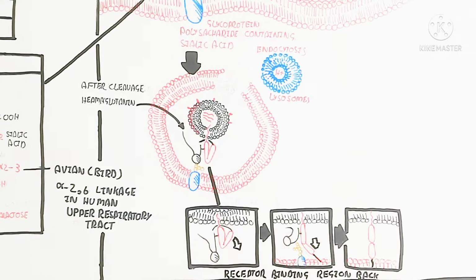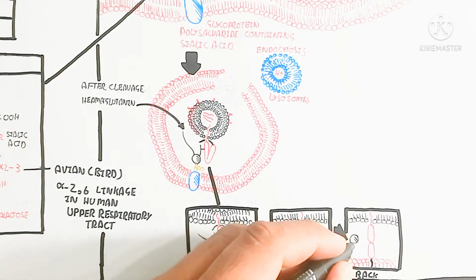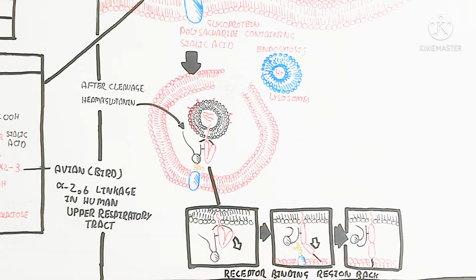In this way the virus attaches to the endosome plasma membrane, and after detachment the hemagglutinin looks like this. In this way the hemagglutinin will relax and release from the sialic acid receptor, while the attachment continues through the fusion peptide.